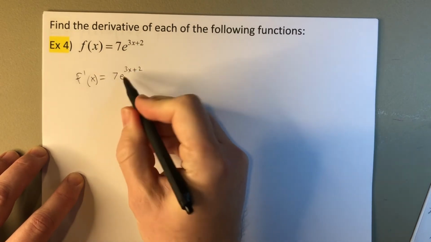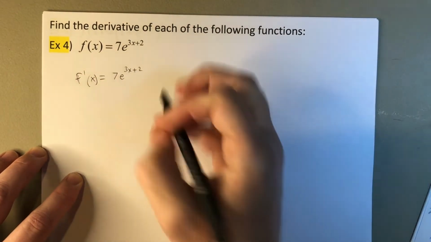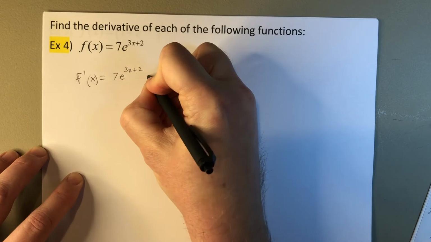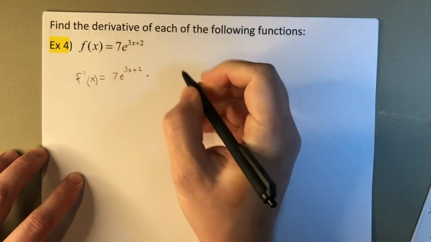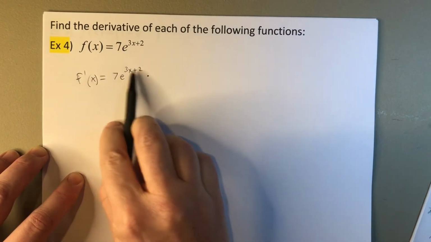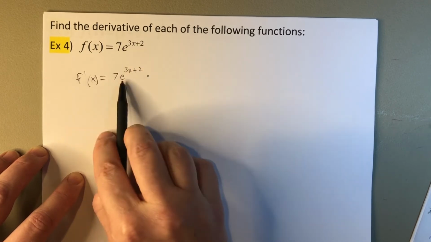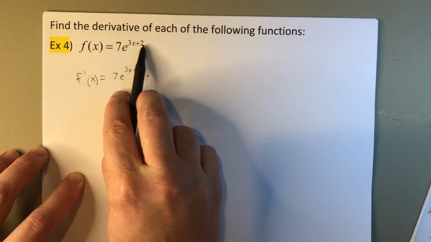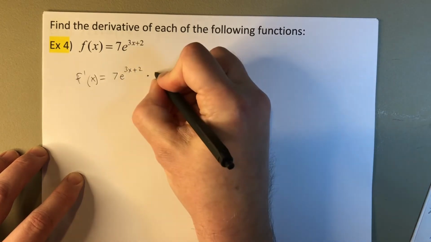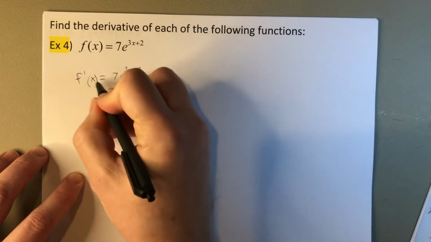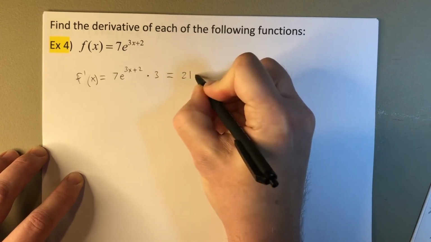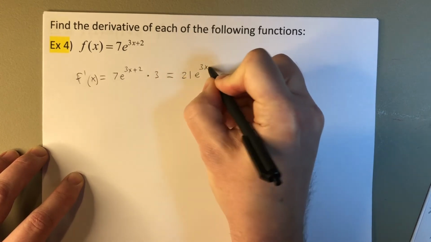This part stays exactly the same. And the chain rule means we now multiply this same piece by the derivative of this exponent, which is just 3. So f prime of x is going to be equal to 21 e to the 3x plus 2.